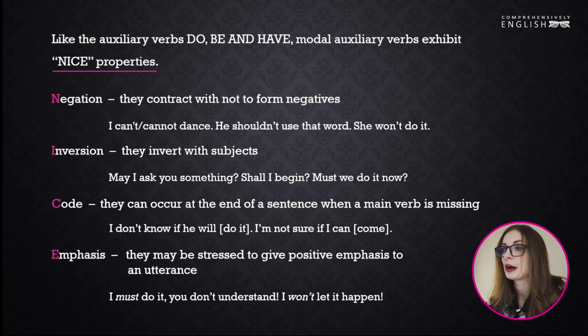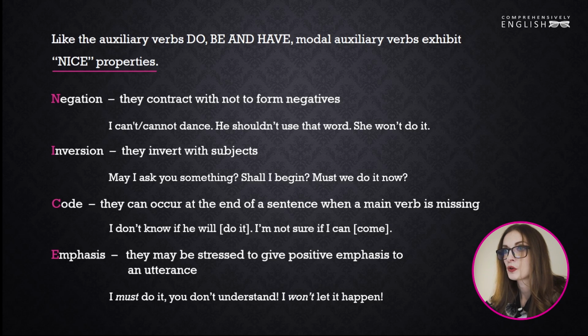But that we are completely sure in what we want to do. Like "I must do it." I use this word and I use the emphasis to stress that I consider it to be necessary, or "I won't let it happen." There is no way I can possibly accept that thing, yeah?